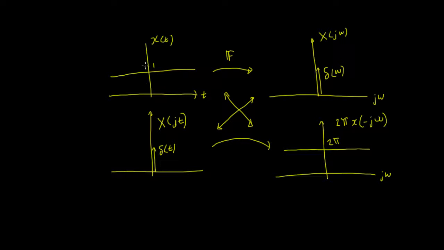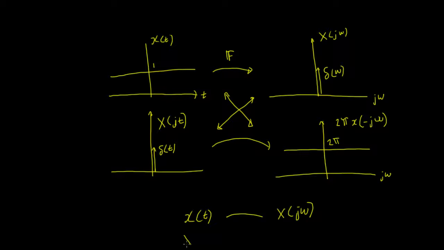Now we can make the statement of the duality if we say we have a function x of t, and that gives us a Fourier transform x of j omega.